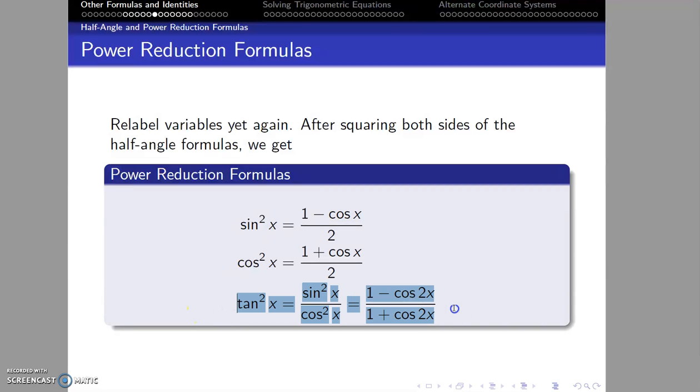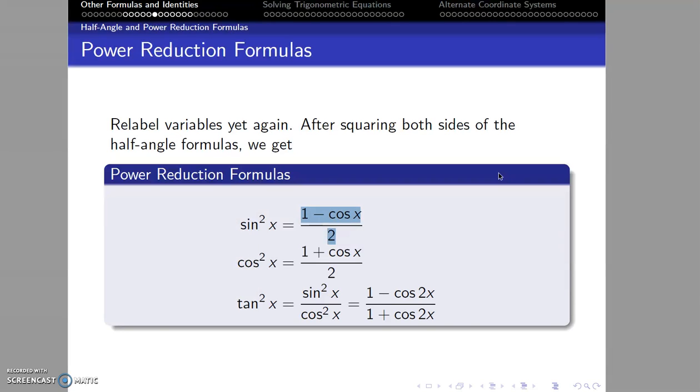Well, this one right here for tangent, of course, is just a consequence of sine over cosine. But this is yet another way of using the half angle formulas. So if you ever had an expression such as 1 minus cosine x all over 2, you could just call that sine squared x.